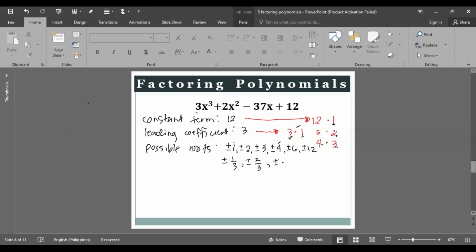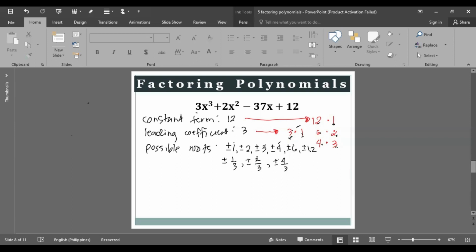So, dagdagan natin ng positive and negative 4/3 dito. 6. 6 divided by 1 is 6, included na. 6 divided by 3 is 2, included na rin. Next, 12. 12 divided by 1, included na. 12 divided by 3, 4, included na rin. So, these are now the possible roots.